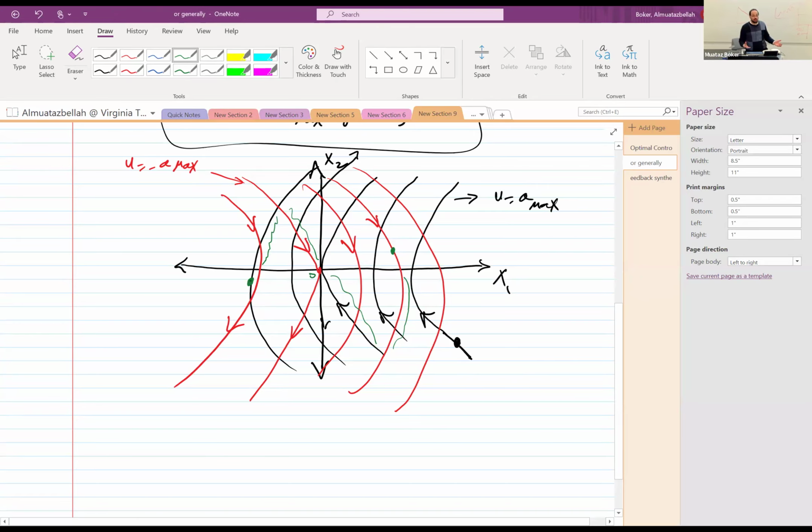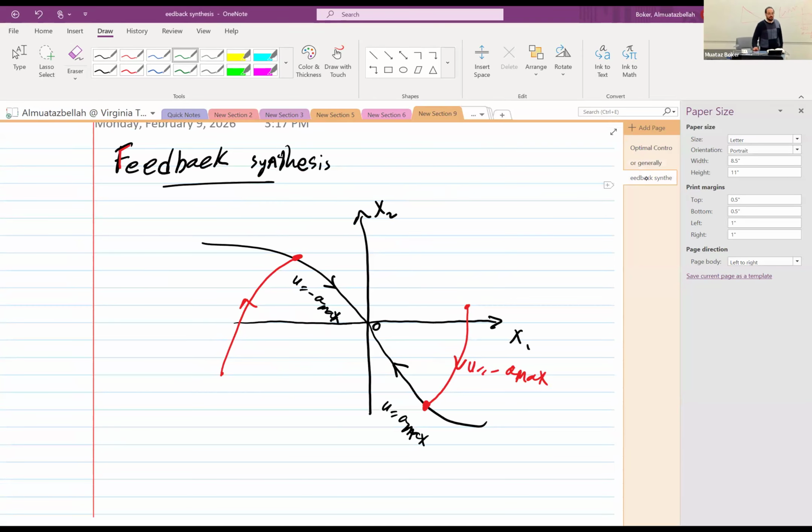What is the controller that will do that? I need one switching. If I'm here, it takes only one switching, and then I will reach the optimal point. At any point, you will need only one switching.